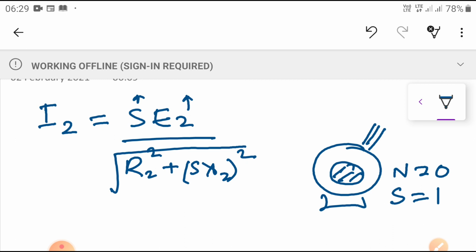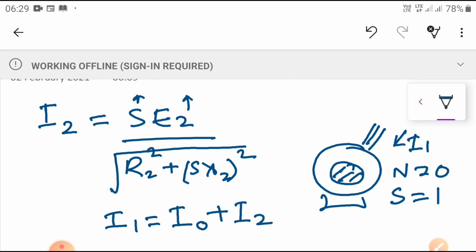Then the current drawn from the supply, I1, is also maximum. What is the relation? I1 is equal to the no-load current I0 plus I2 dash, the rotor current referred to the primary side. Due to the slip being maximum, this current is maximum, so automatically the current drawn from the supply, I1, also increases.